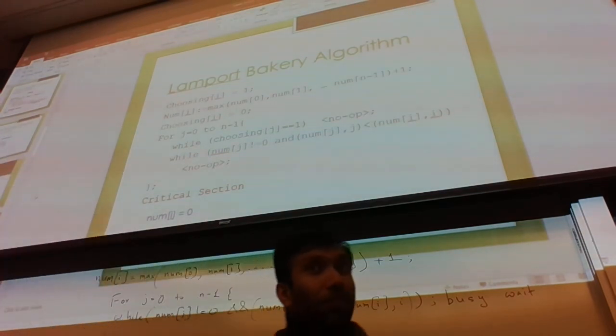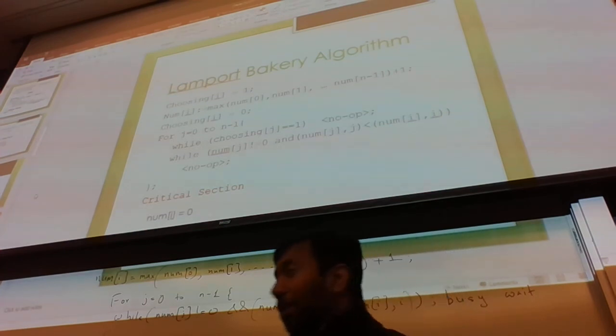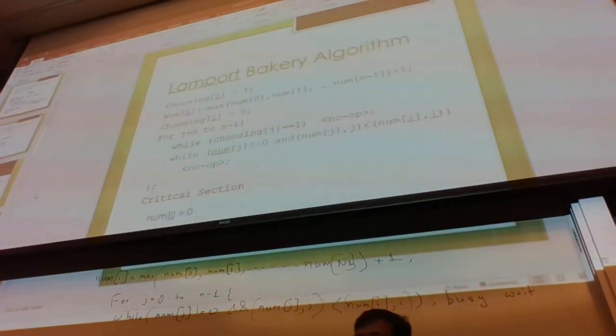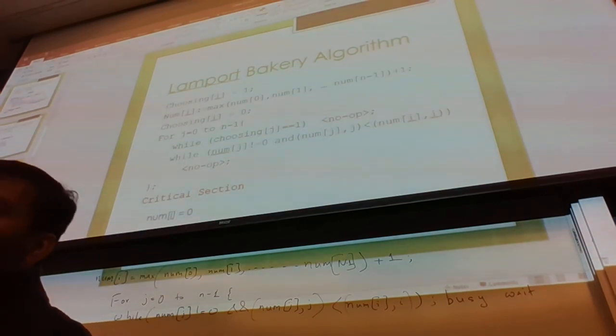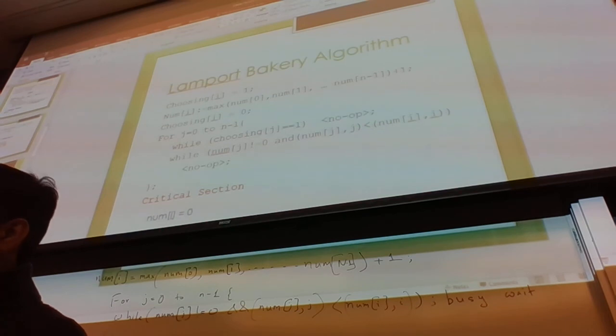If you didn't have choosing, this algorithm does not have mutual exclusion, because we showed an example here. Right? This example shows that this algorithm does not have mutual exclusion. So why doesn't it? The sole reason is process 5 went on with the algorithm before even process 2 could store the value.